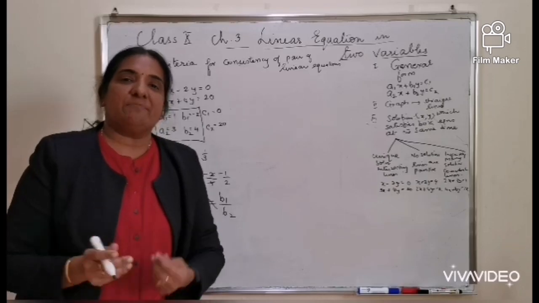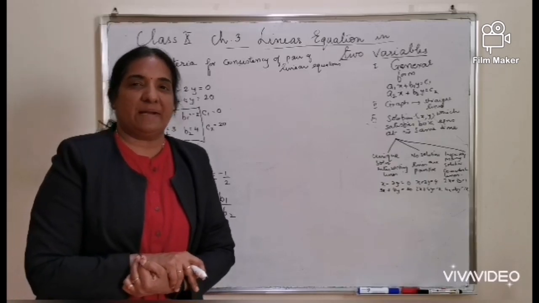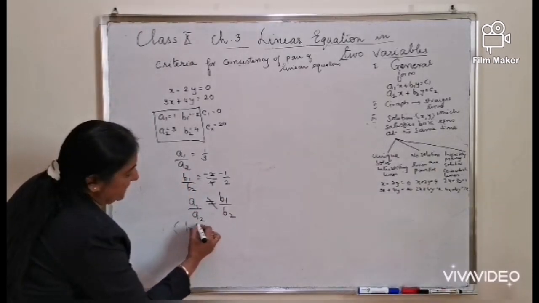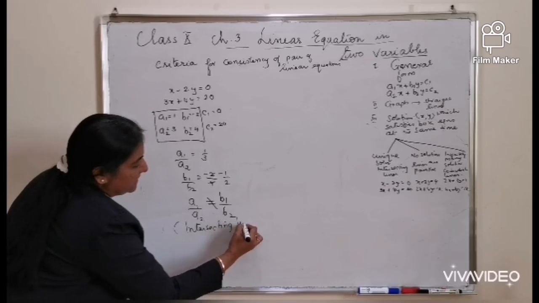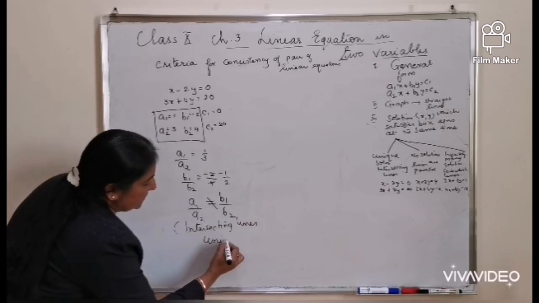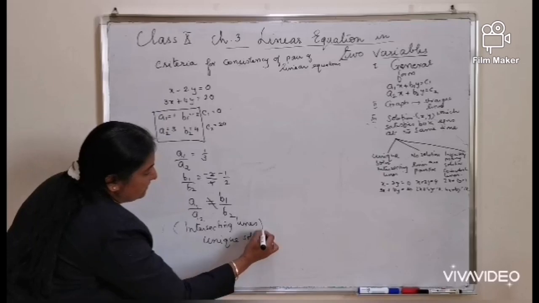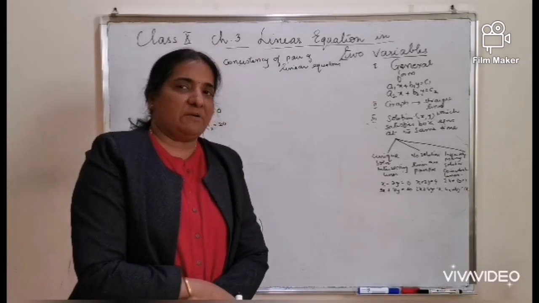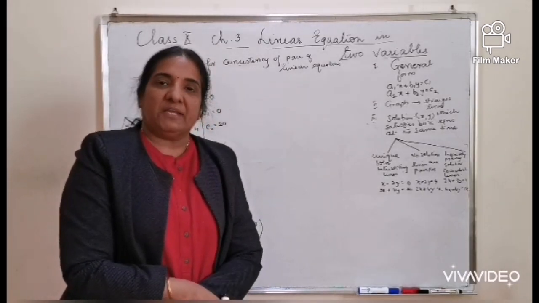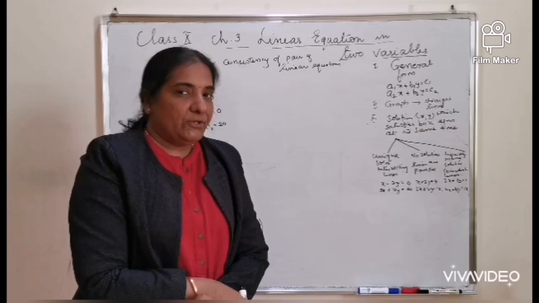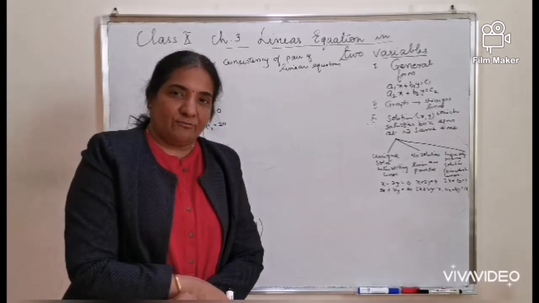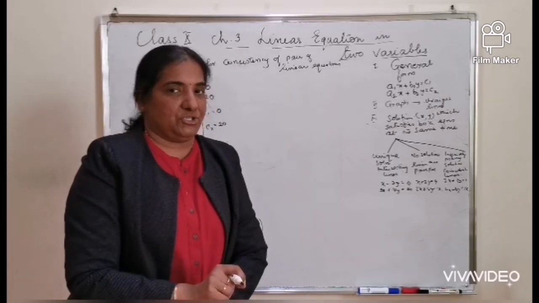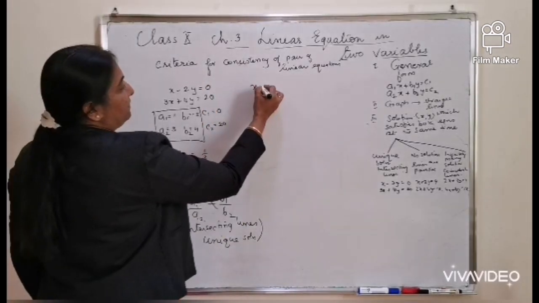That is, a1 by a2 not equal to b1 by b2 will determine the lines as intersecting lines and the solution as a unique solution. Thus, given two equations, just compare the values of a1 by a2 and b1 by b2. If the ratios are not equal, you can infer that the graph will be intersecting lines and the equations will have a unique solution.